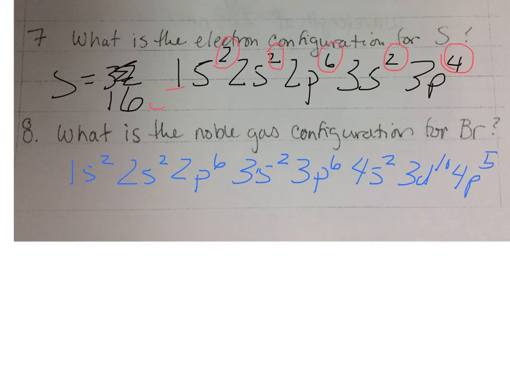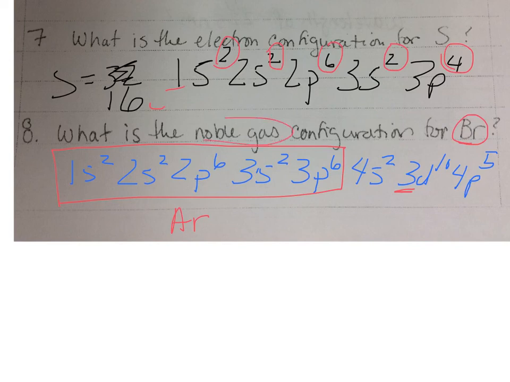So the key thing here to remember, when you get to your d's, it's down a level, okay? And the other thing we want to look at is, what was the noble gas that we got to before we hit bromine? And so if we look right here, this is the last completed level. We'll be here at level 3, and this is argon.